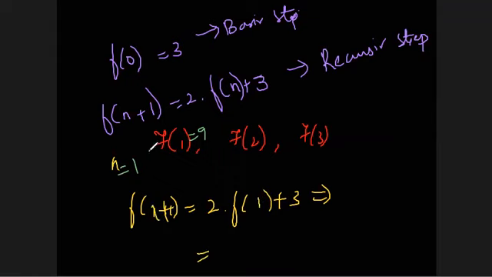Since f(1) is 9, it is 2 times 9 plus 3, which gives us the result 21. So f(2) is 21.